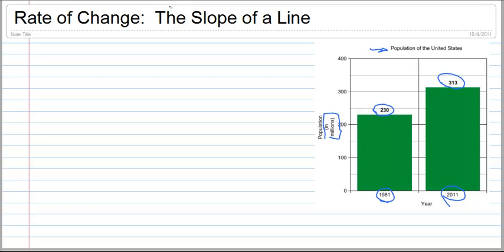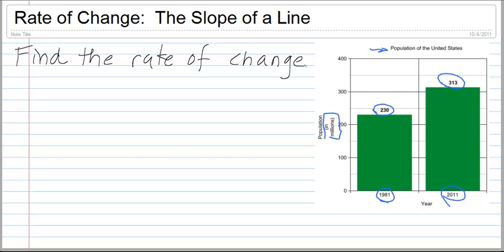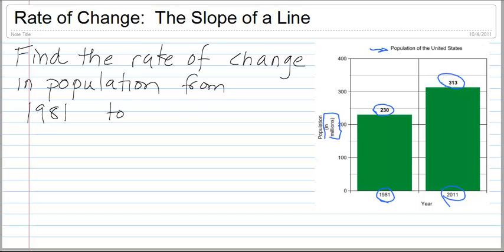So we're going to use our information and find the rate of change in this population of the U.S. from the given time period 1981 to 2011.